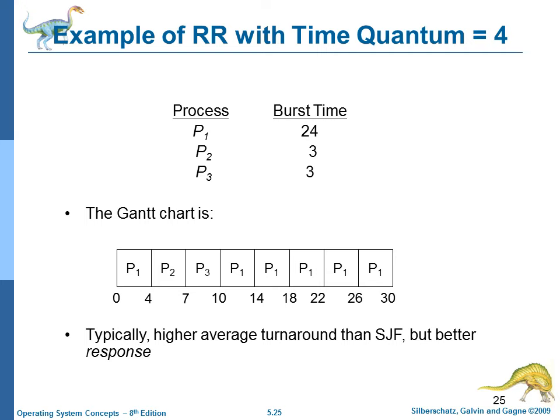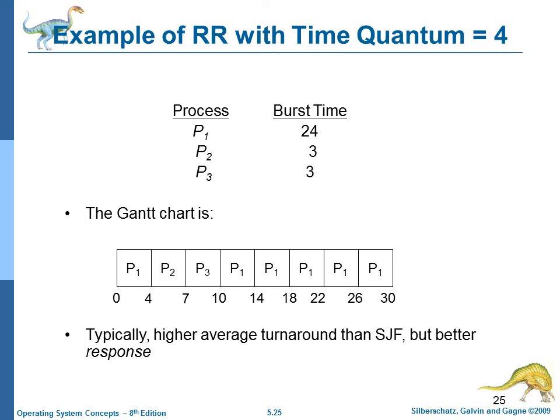Then process 2 will work for only 3 milliseconds, even though the time quantum is equal to 4 milliseconds, but the burst time of process 2 is less than the time quantum, so process 2 will be swapped out of the CPU. Then process 3 will work for 3 milliseconds and will also be swapped out of the CPU.